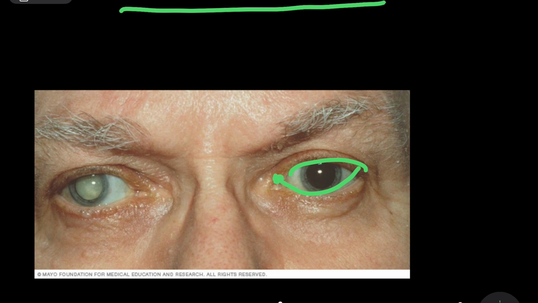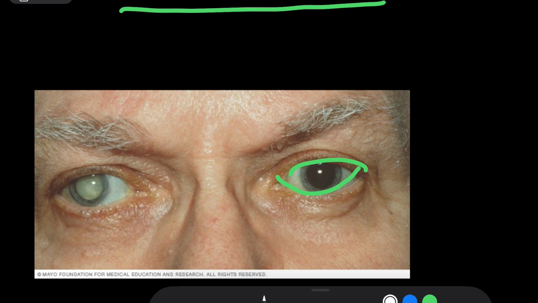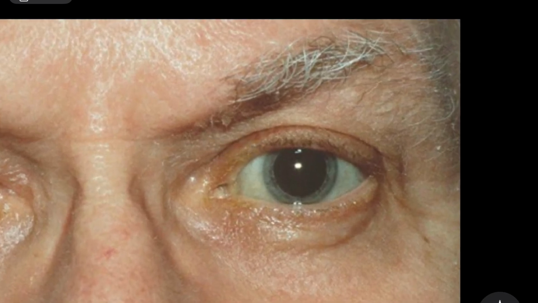Anyways, what I'm trying to say is that normally in our eyes, you cannot visualize the upper 2 millimeters of the cornea. Why? Because it is covered by our upper eyelid. So you cannot exactly see the outer margin of the cornea, and you won't be able to appreciate if the KF ring is developing or not, especially because the KF ring starts developing superiorly.